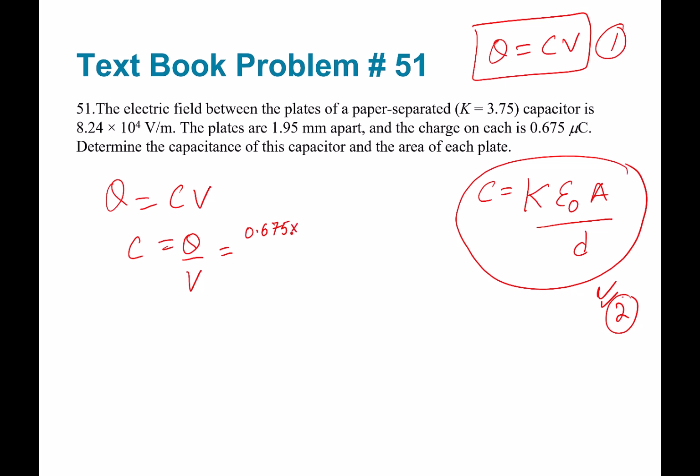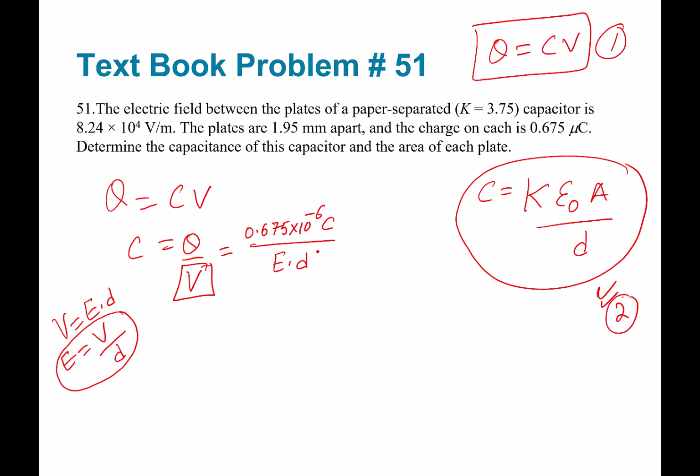So 0.675 times 10 to the power of minus 6 coulombs over the voltage. We don't have the exact voltage or potential difference given, but we know V is equal to E times D, because the electric field is the potential difference over the distance. So we can use E times D in its place.